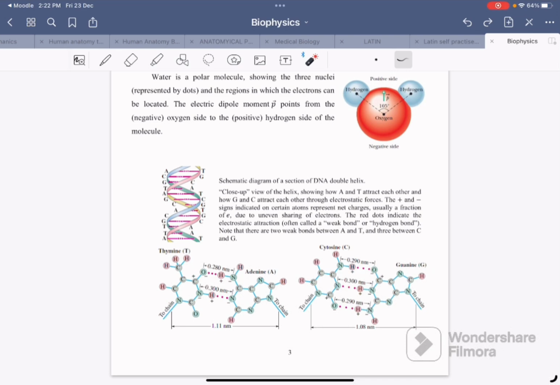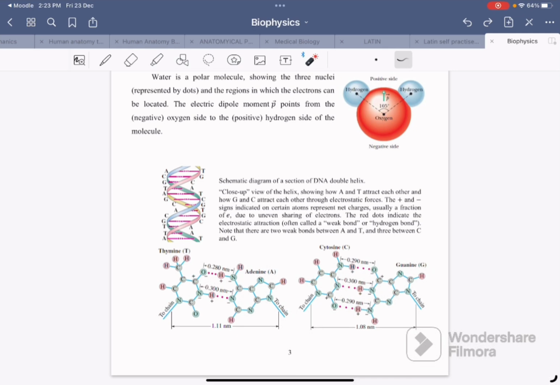And this is the hydrogen bond. Here you can see the dotted line by which they are connected. It's almost 0.30, 0.280 nanometer. Okay, it's quite small, at the microscopic level.